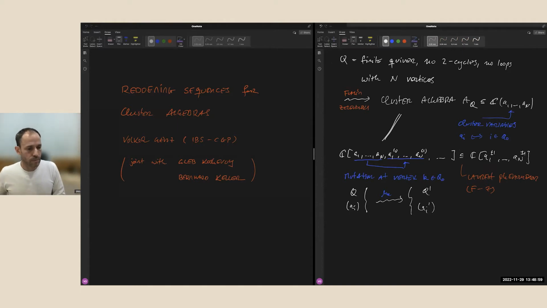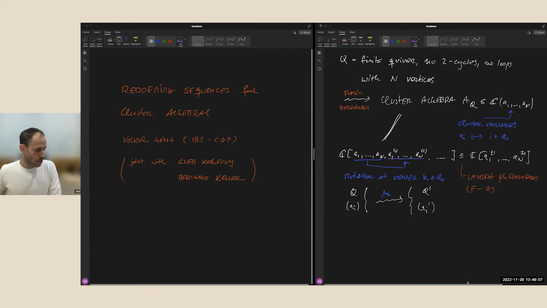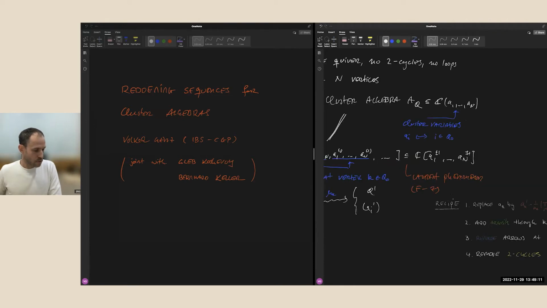Now, more precisely, there is a specific recipe for how to compute the mutated quiver and the mutated cluster variables.